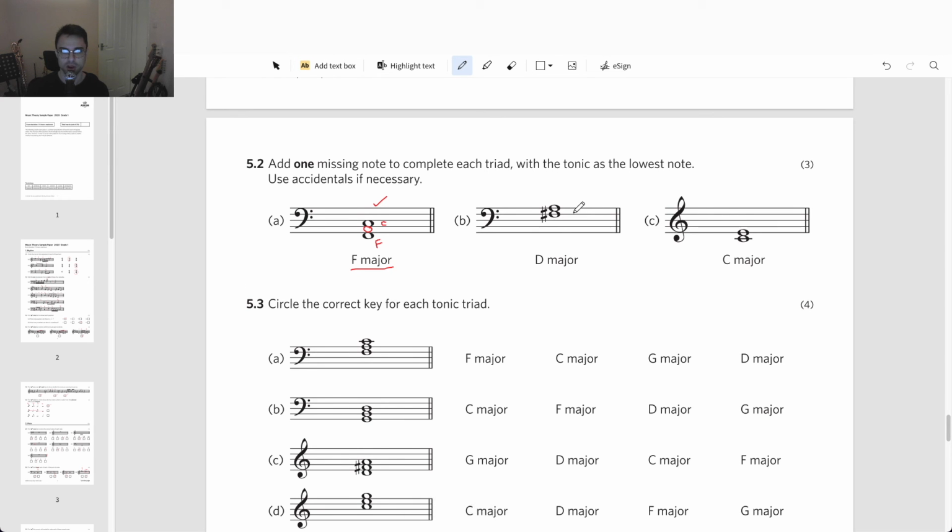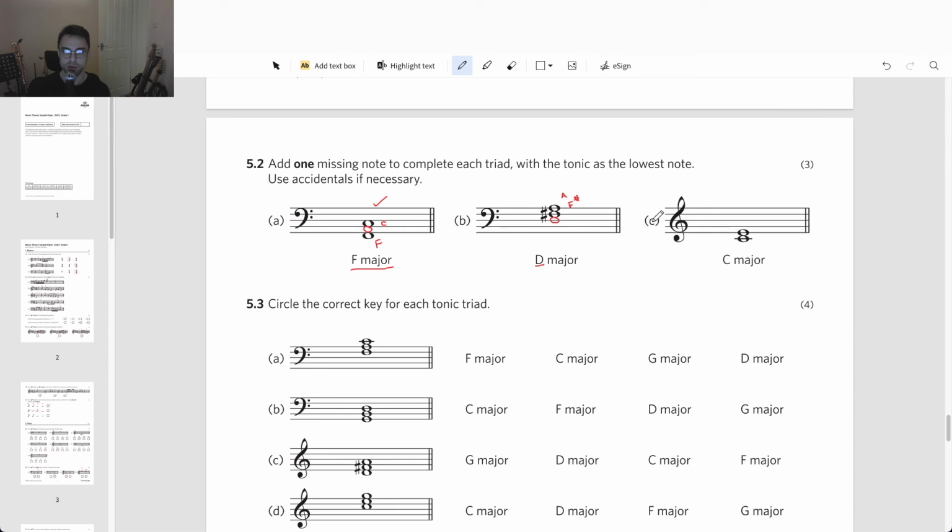We've got an F sharp, and we've got an A. So we need to put D in here somewhere, and D will fit nicely underneath, and that gives us a lovely D major triad.